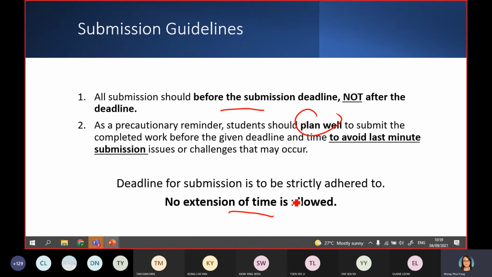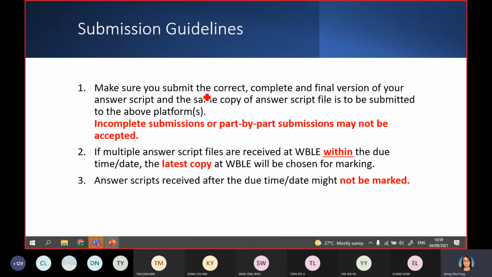Even if your file is corrupted, even if you didn't save your file properly, the submission time is still 5 p.m. Sorry to say that. So you take the responsibility to make sure your file is okay. Make sure you submit the correct, complete, final version of your answer script. Incomplete part by part will not be accepted.